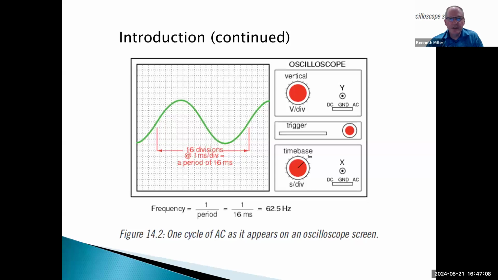If it's 16 divisions at 1 millisecond, the period is 16 milliseconds. And then if you take your calculator and take 1 over 16 times 10 to the negative 3, you end up with 62.5 hertz. Okay? So that's how you calculate the frequency from the period.